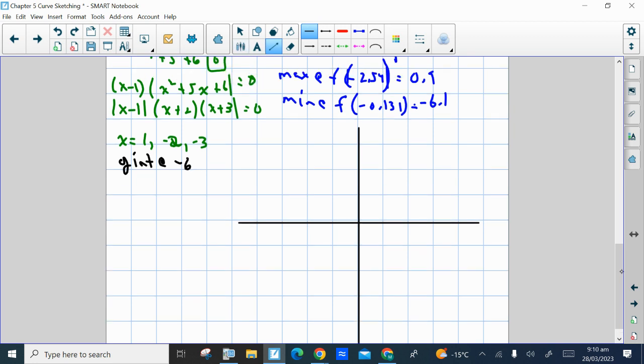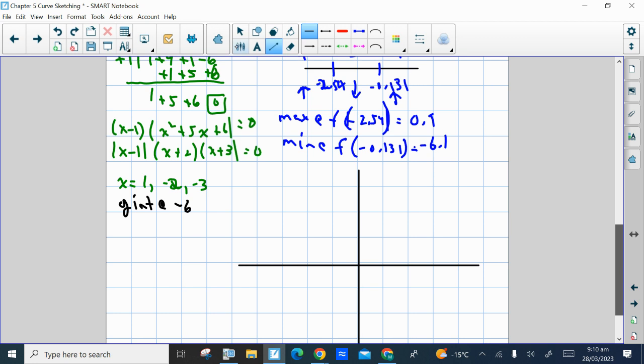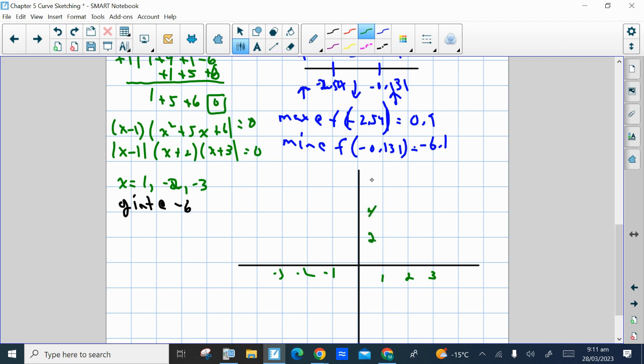So here on the x-axis, I'm going to use a scale of 1. But on the y-axis, I'm going to use a scale of 2. Just because of the numbers that we need to put on there.